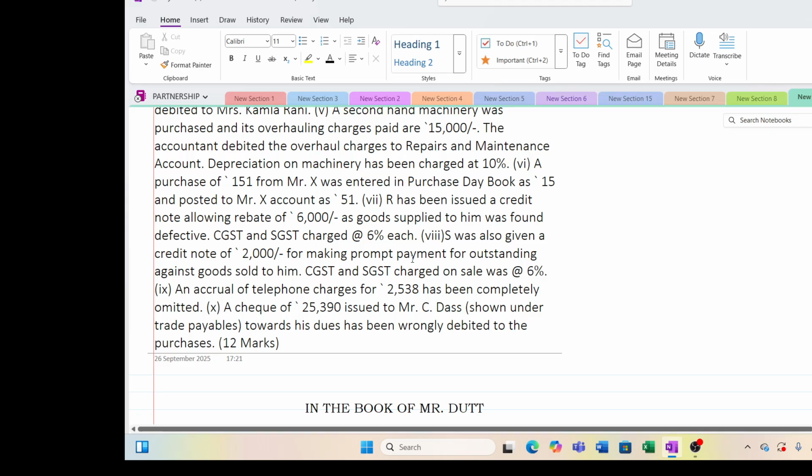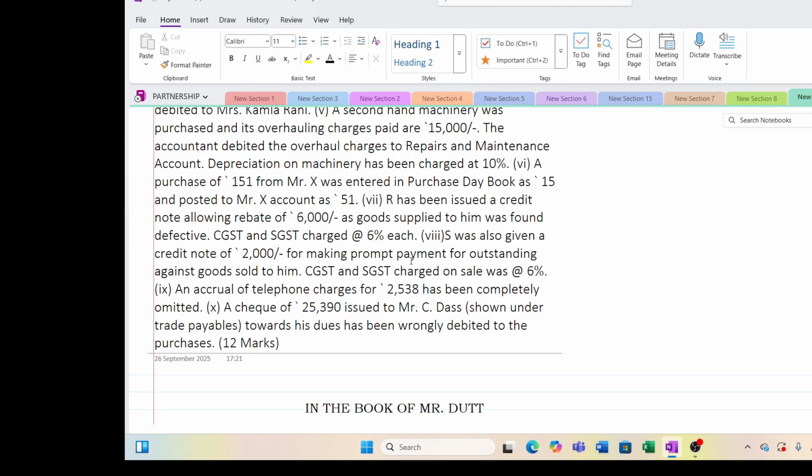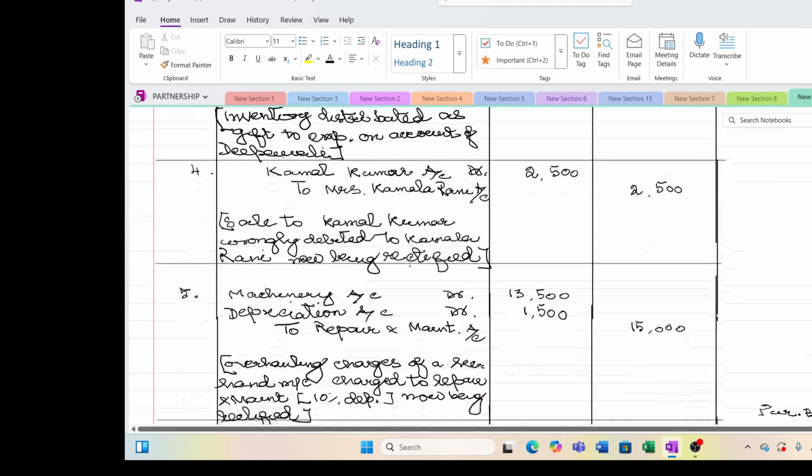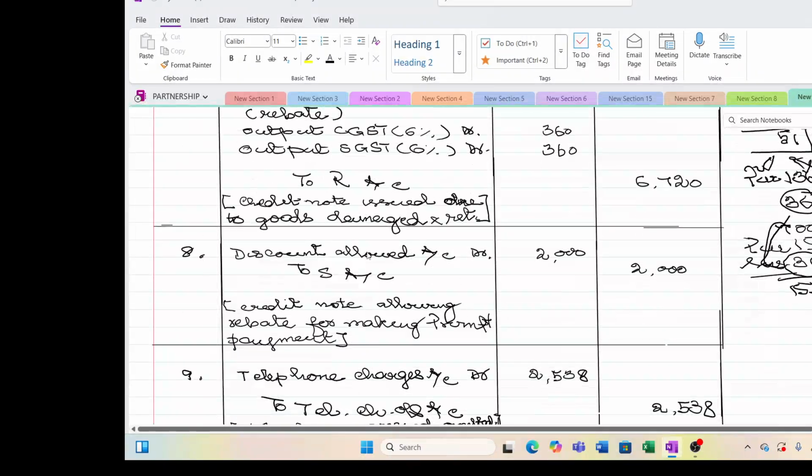In case of prompt payment or any other such reasons, GST would not be reversed. Clear? So simply discount allowed account debit, and the customer's account will be credited.